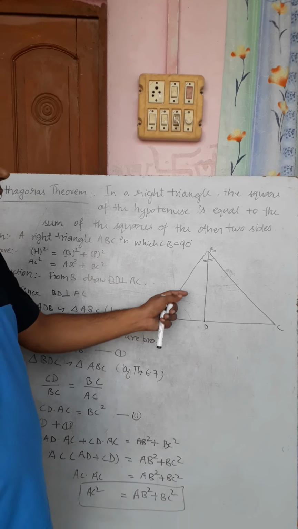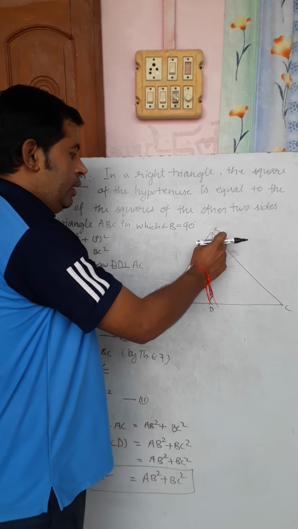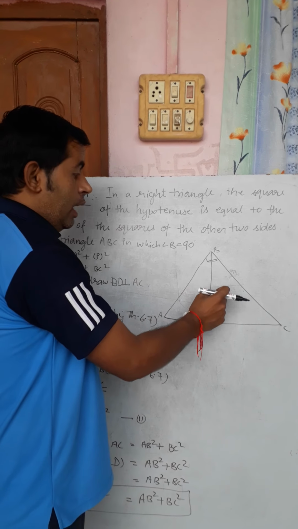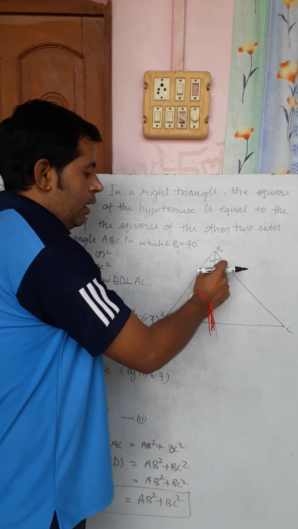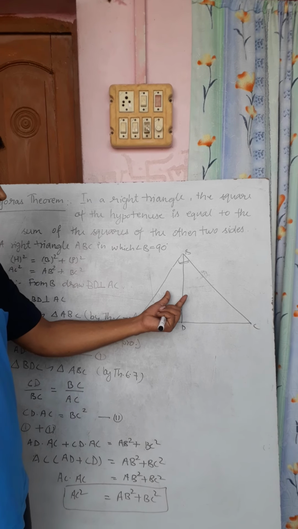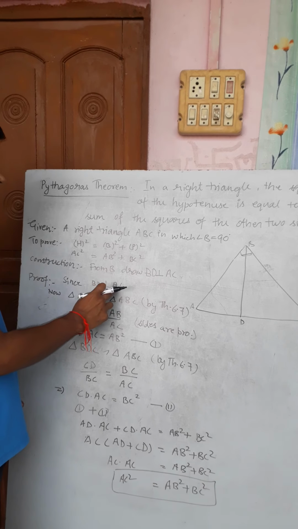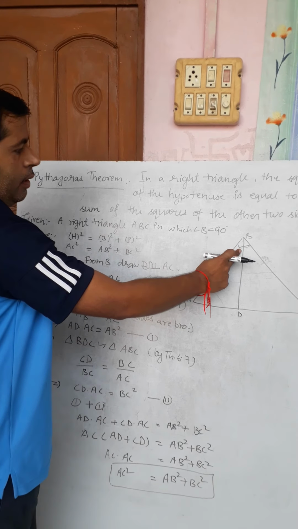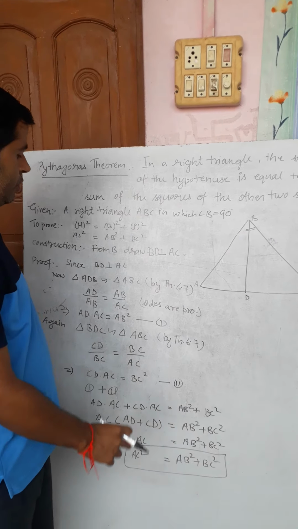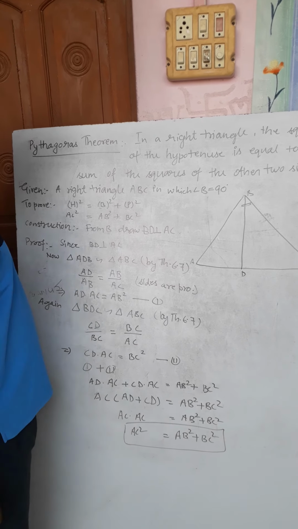That means we can write these sides as proportional, that is, sides of triangle ADB are proportional to the sides of triangle ABC, and sides of triangle BDC are proportional to sides of ABC. So we are going to utilize this statement. Since BD is perpendicular to AC, and angle B is a right angle, and we have drawn a perpendicular from this vertex, we can say triangle ADB is similar to triangle ABC by theorem 6.7.